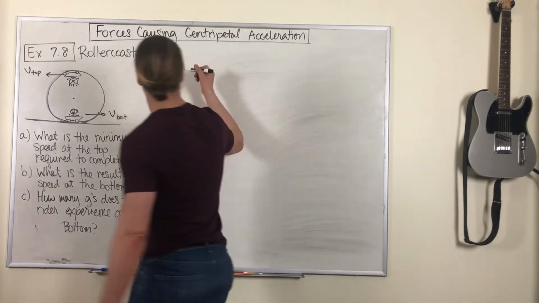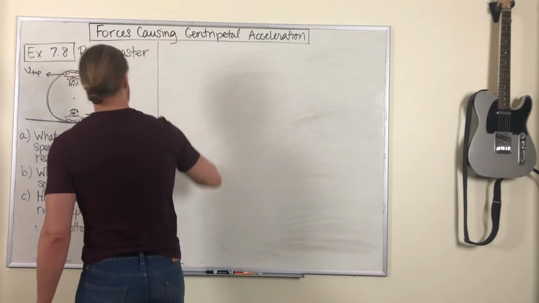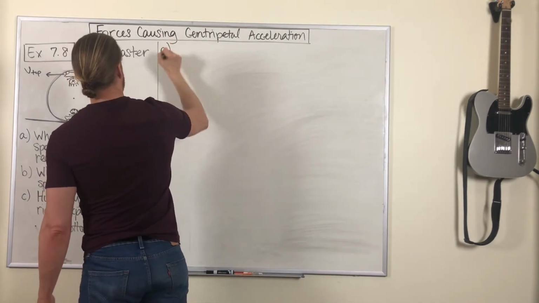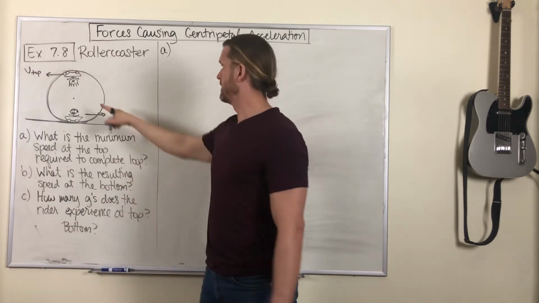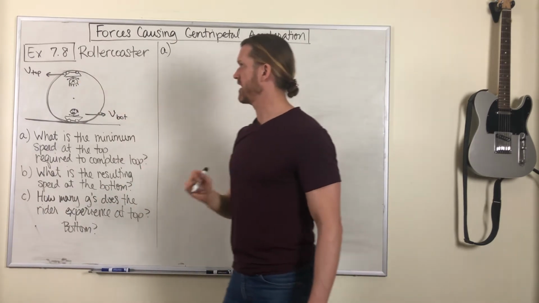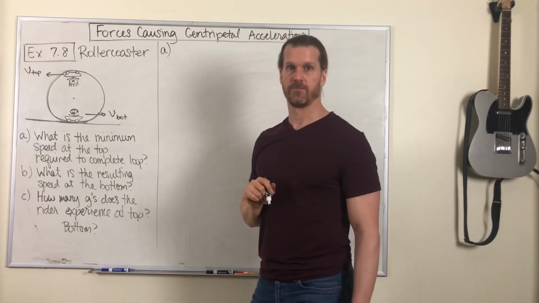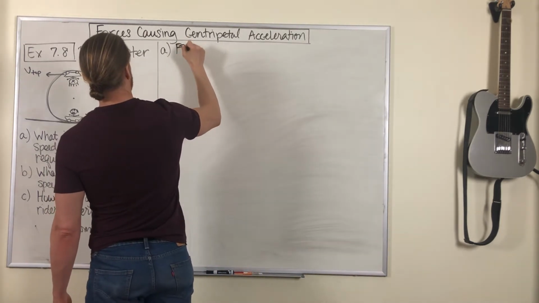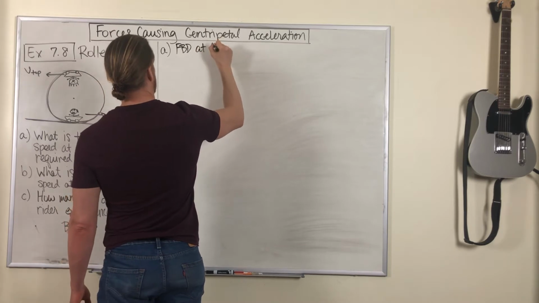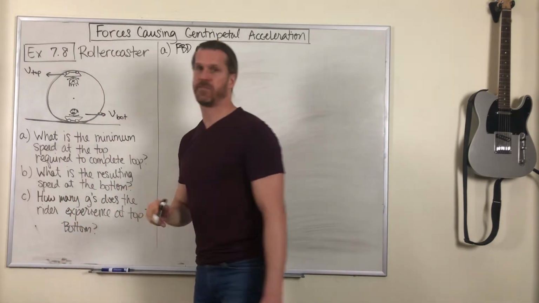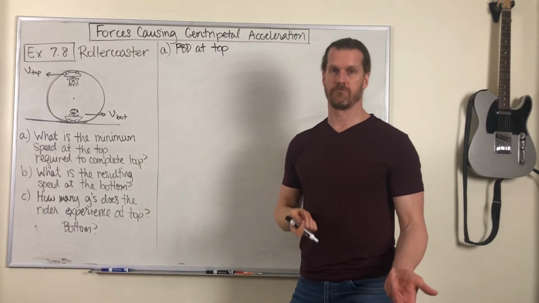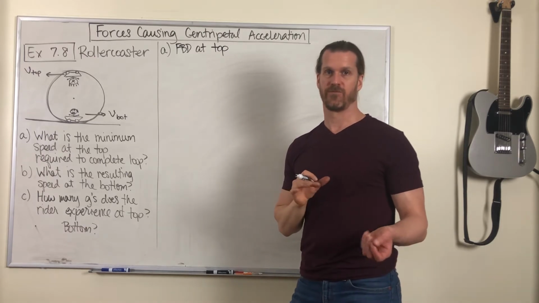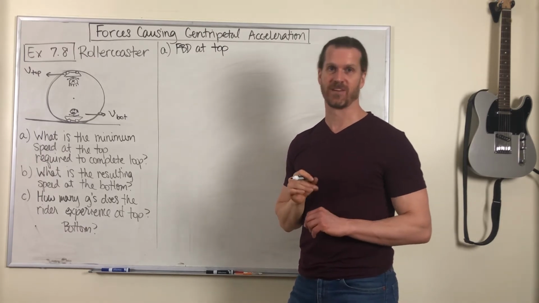So let's start out in part A by drawing a free body diagram for the top of the track, and then thinking about what is required for the minimum speed for the car to make it around.